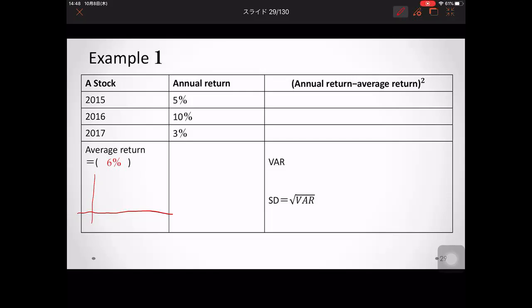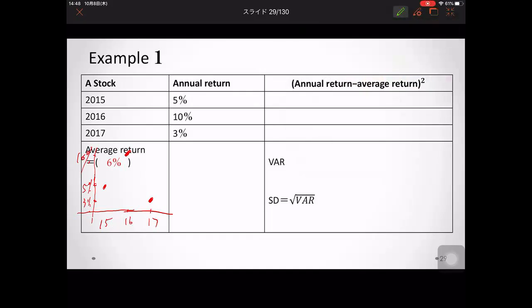So we have 3%, 5%, 10%. 5% here, 10% here, and 3% here.